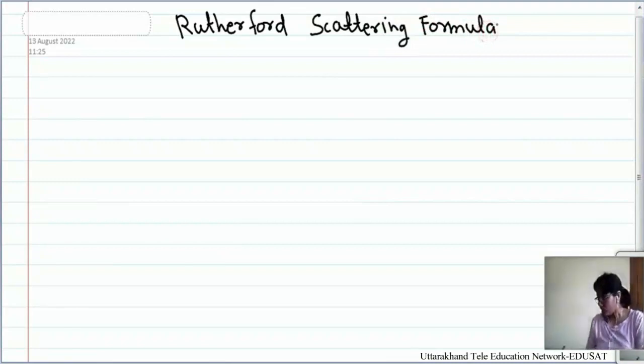So this formula is a little bit lengthy, so let me write it.